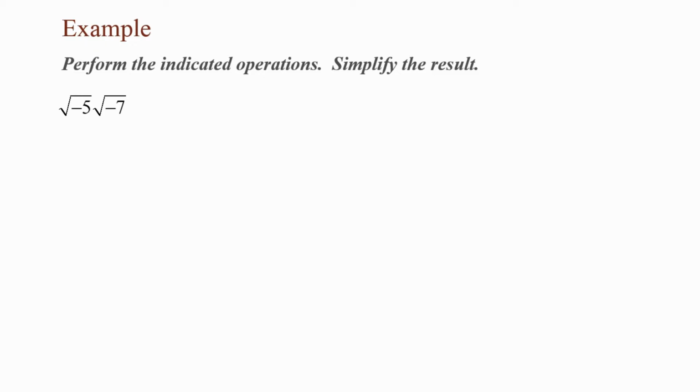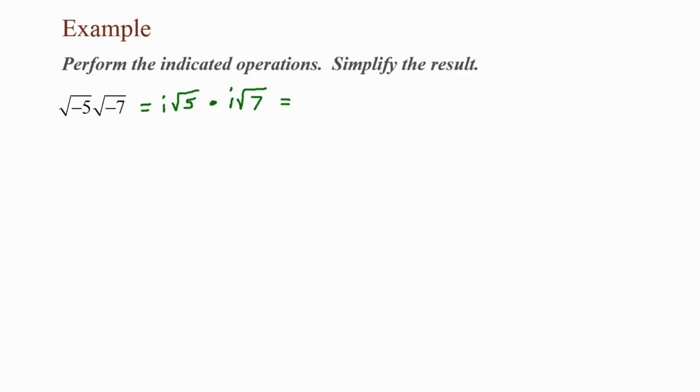In this example, perform the indicated operations, simplify the result of the square root of -5 times the square root of -7. Our first step is to simplify our square roots. The square root of -5 is i times the square root of 5. I want to multiply that by the square root of -7, which simplifies to i square root of 7.